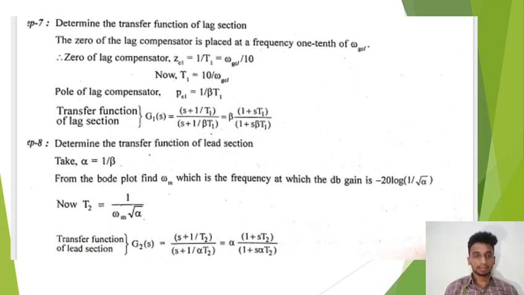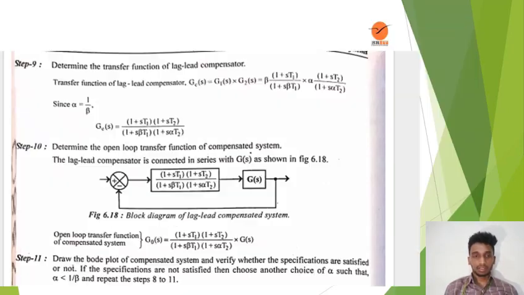Step 8. Determine the transfer function of lead section. Take alpha is equal to 1 by beta. From the Bode plot, find omega m, which is the frequency at which the magnitude gain is minus 20 log of 1 by root alpha. T2 is equal to 1 by omega m root alpha. Transfer function of lead section G2 of S is equal to alpha into 1 plus S T2 divided by 1 plus S into alpha T2.